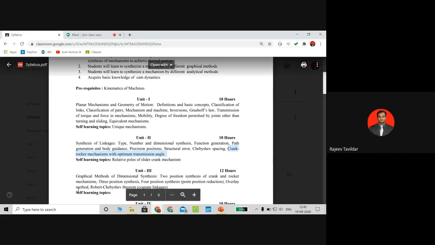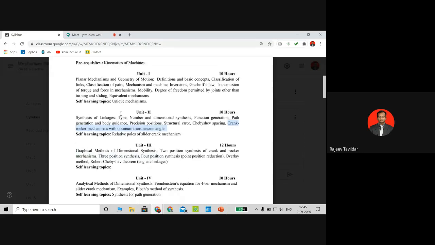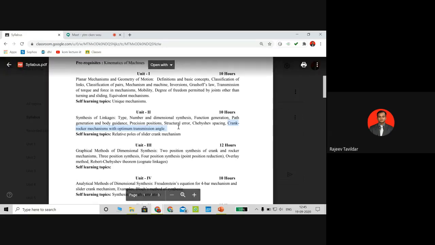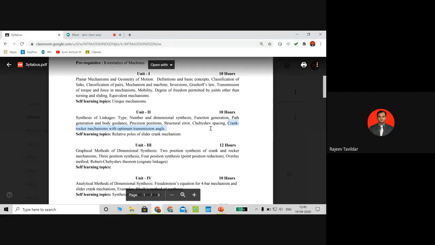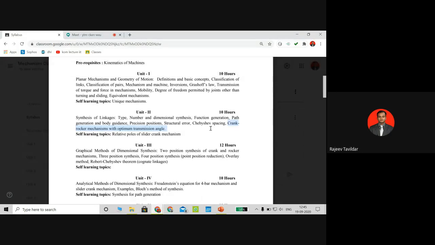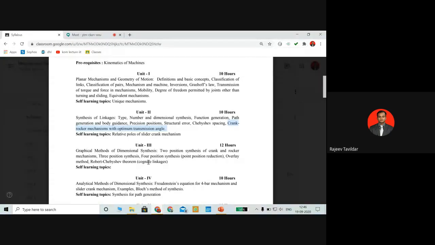Why this unit is small is that whatever we have done now forms a base or foundation to solve the problems coming up in unit number 3 and 4. So unit 3 and 4 will definitely be lengthy. Unit 2 is only forming the initial basic foundation by understanding Chebyshev spacing, precision points, and all those things. With the help of these only we can design the mechanisms which we are going to learn in depth in unit number 3 and 4.